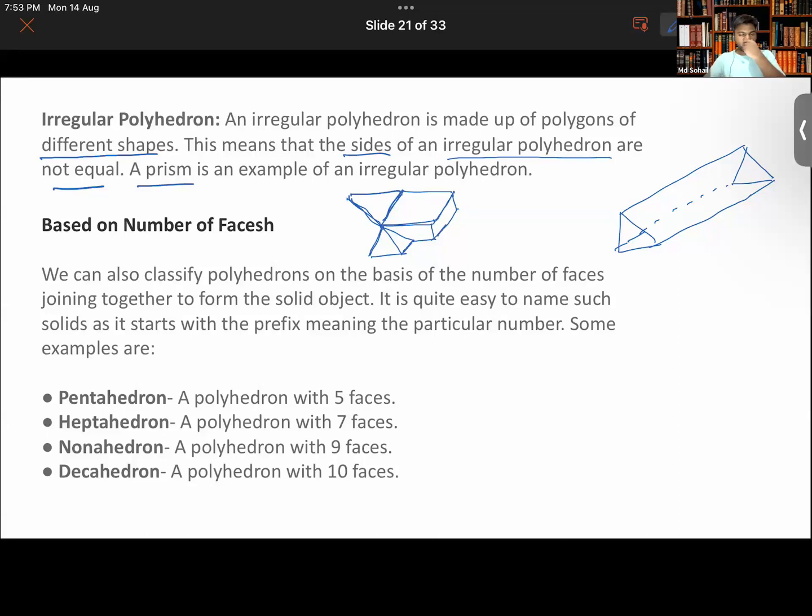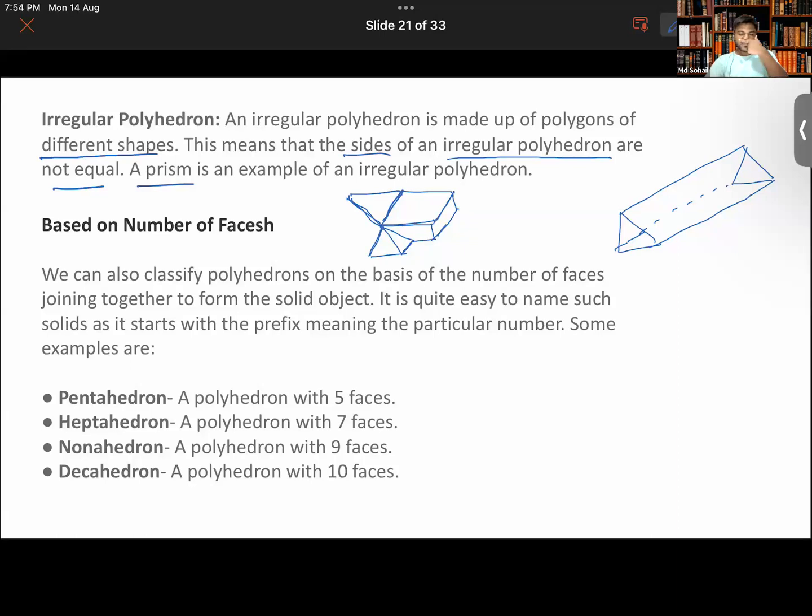No, obviously not, because the sides have different measurements here, right? In a regular polyhedron, all the sides are equal and they meet at the edge. All the polygons are regular polygons, and they meet at edges and form proper vertices. Getting it?